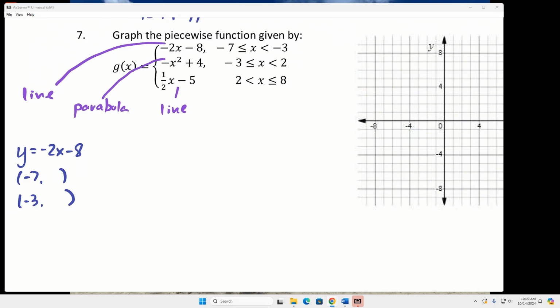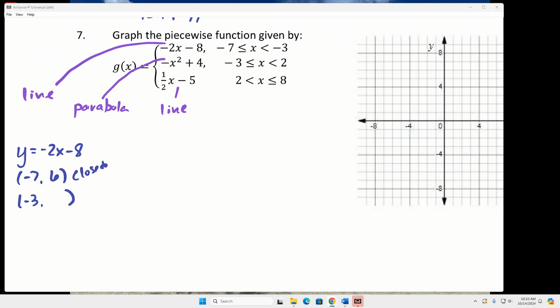We can do this in our head. When we plug in -7, what's -2 times -7? 14. And then -8? 6. And then is that going to be an open or a closed circle? Closed. Good.